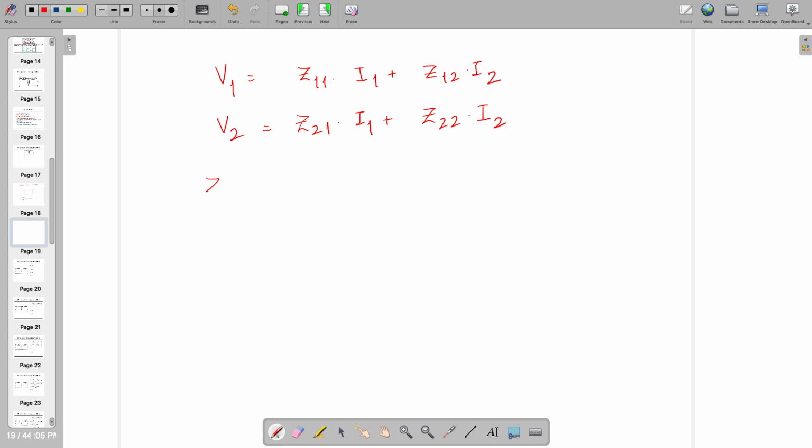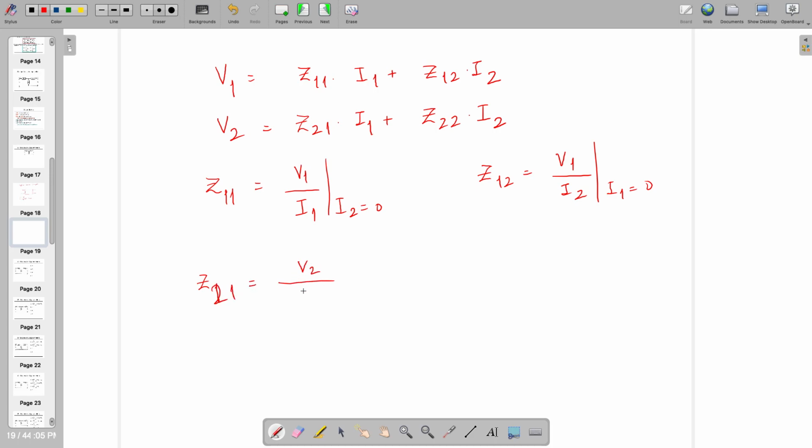If I want to find out Z11, Z11 is nothing but V1 divided by I1, where I2 is equal to 0. Z12 is equal to V1 divided by I2 when I1 equal to 0. Z21 is equal to V2 divided by I1 when I2 equal to 0, and Z22 is equal to V2 by I2 when I1 equal to 0.